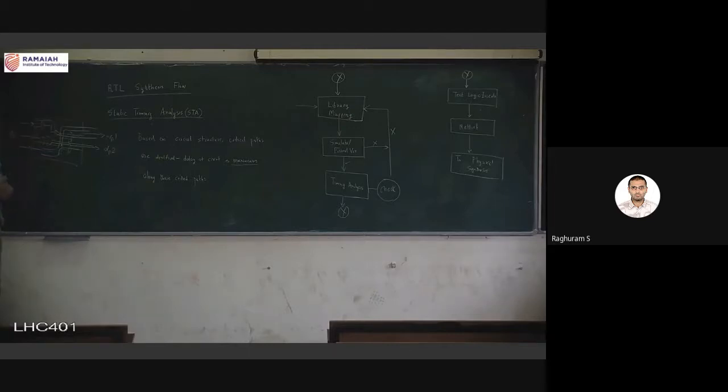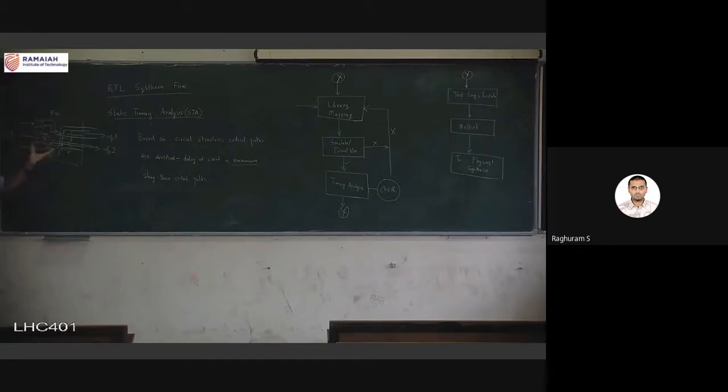So for example, if for this path the delay is 5 nanoseconds, for this path the delay is 8 nanoseconds, this one it is 4 nanoseconds, here also it is 4 nanoseconds. The critical path is the one for which it is 8 nanoseconds.